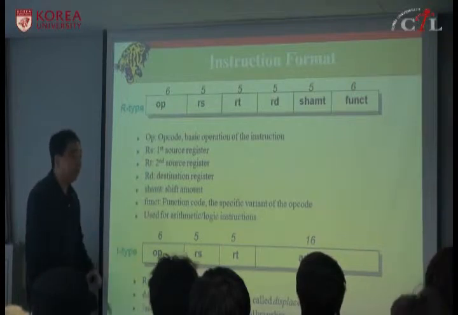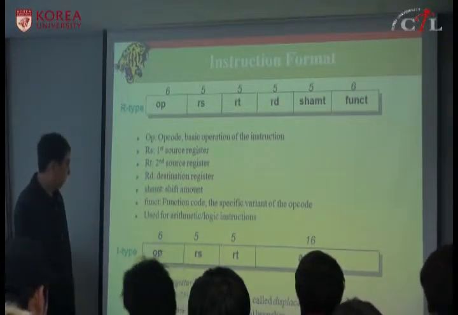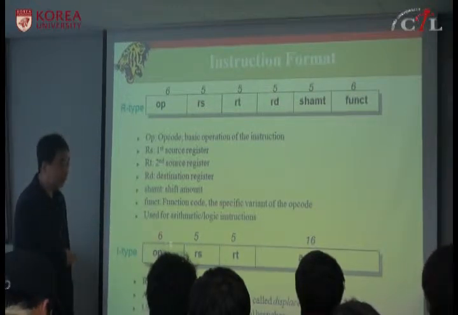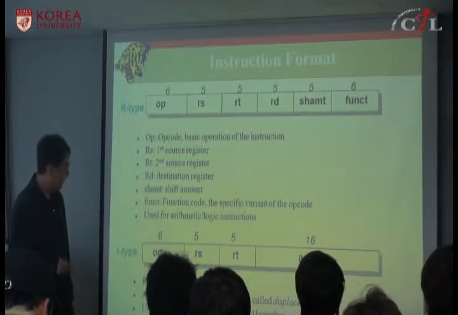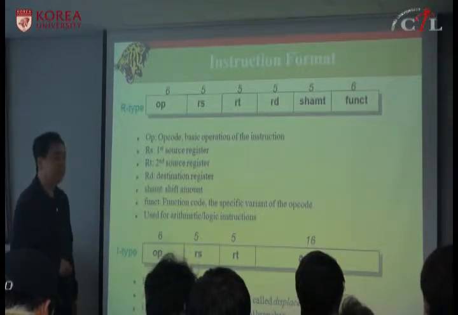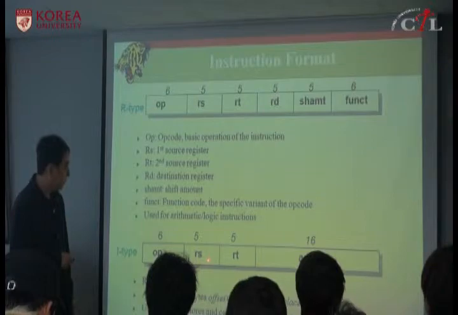Let's look at I-type. So you have the same 6-bit opcode, but you have 2 register fields and 1 address. So this is used for load or store instructions. RS is a base register. What is a base register?